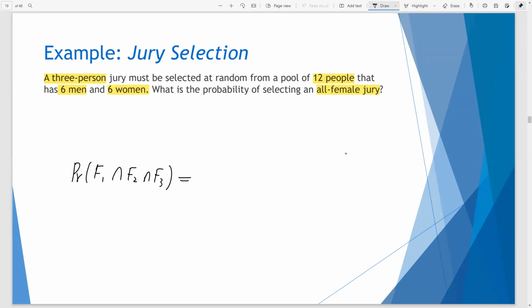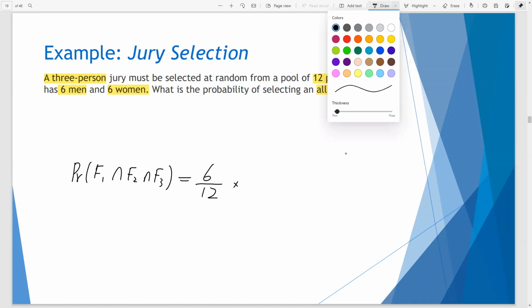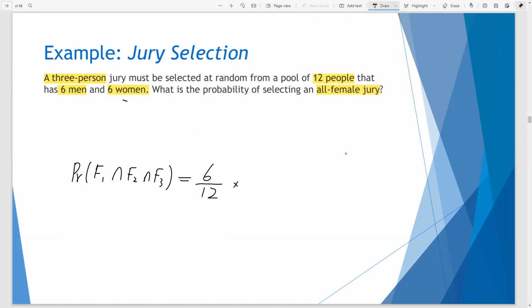The first is a female, that's 6 women to be chosen out of 12 people, right? That's its likelihood. And then the second step, after the first step, the women decrease by 1, that will be 5 women. 12 people decrease by 1, that's 11, right? That's the first step.